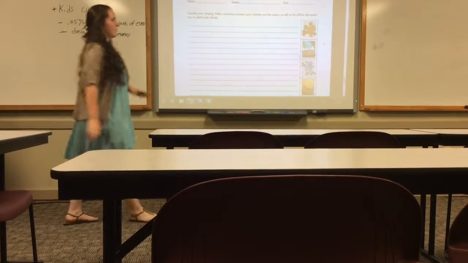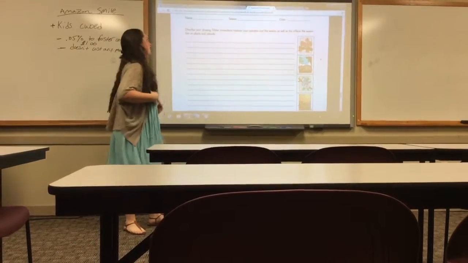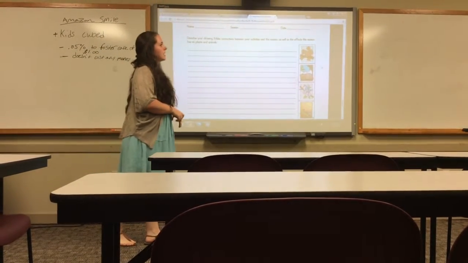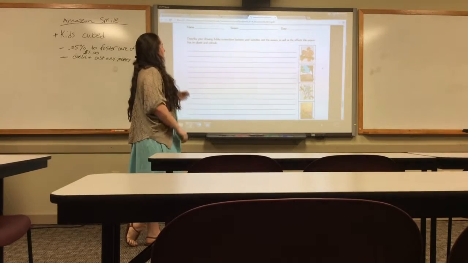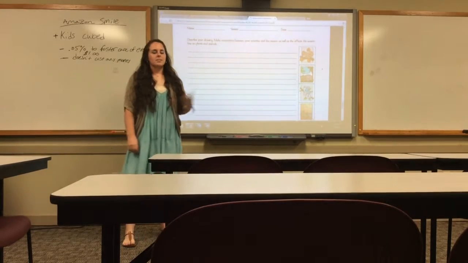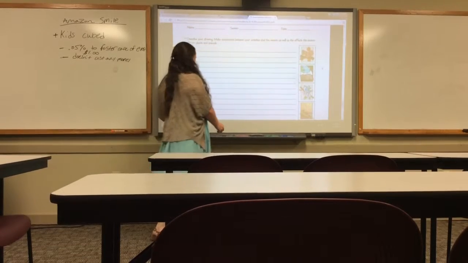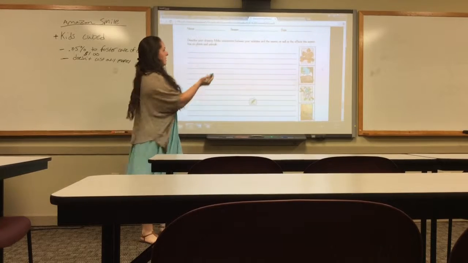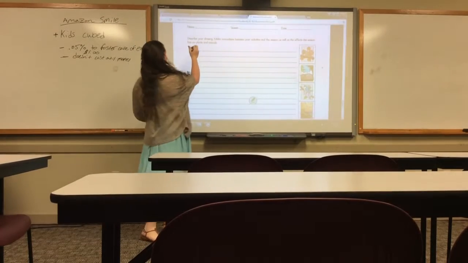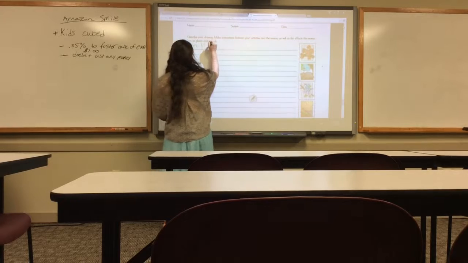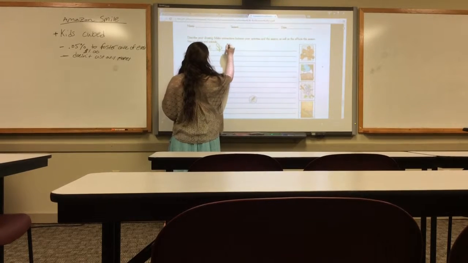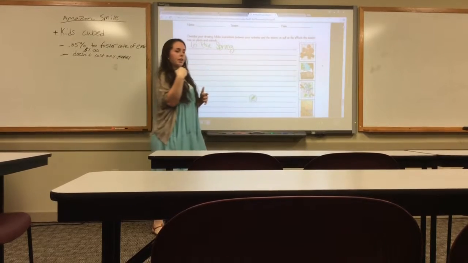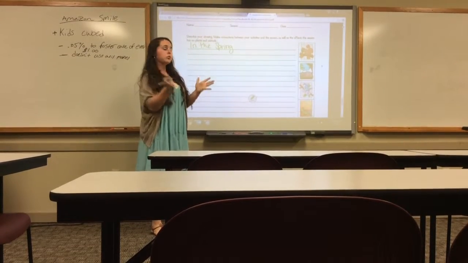Okay, so now we have a little writing activity for you to do, and it says describe your drawing, make connections between your activities and the season as well as the effects the season has on plants and animals. So as Miss Townsend drew, she drew a picture first of some trees. So what you would say is in the spring, you could say there are green, beautiful trees.